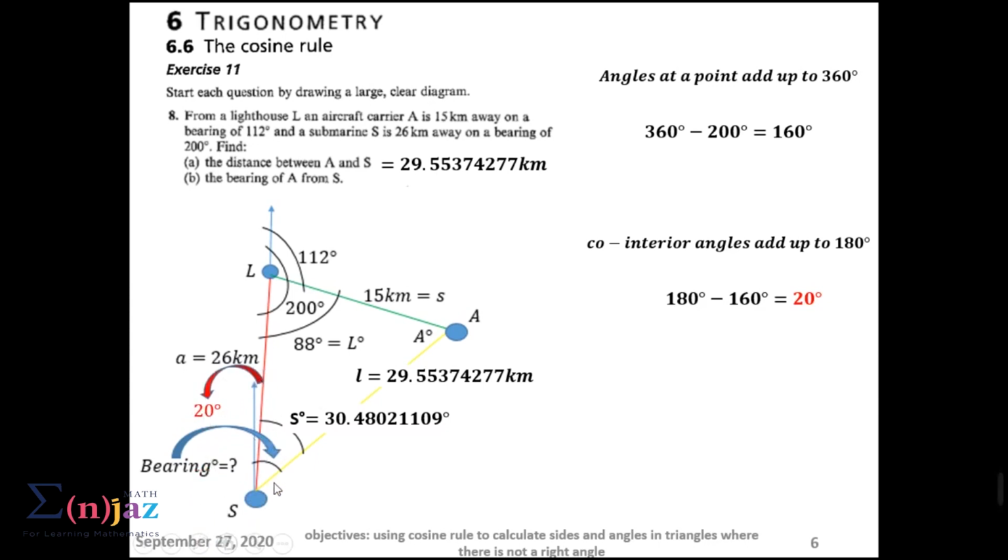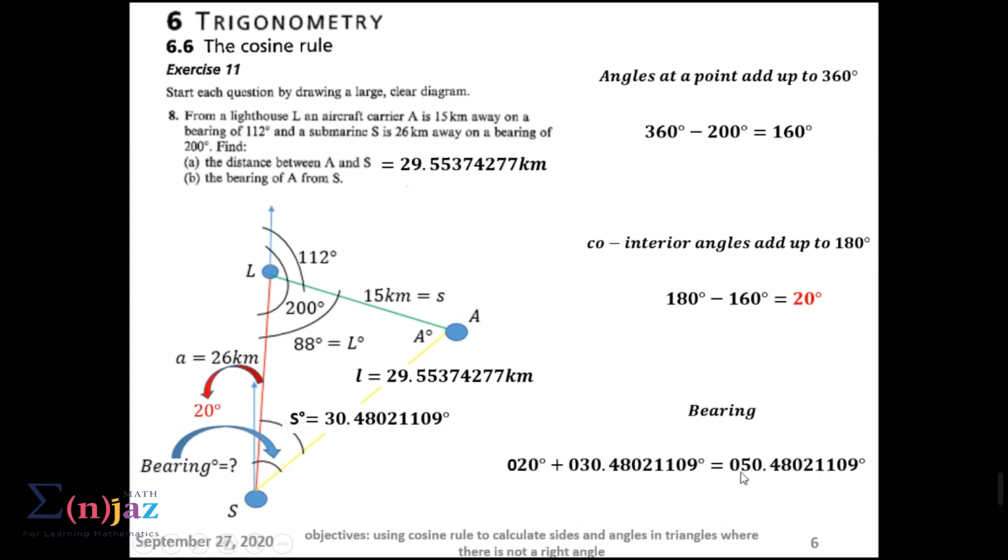Now to calculate the bearing, the bearing is from the north here, that is coming out from the S, and clockwise until you hit the yellow line that connects S with A. So to find this angle, you're going to add angle S and the 20 degrees angle that we found as following.